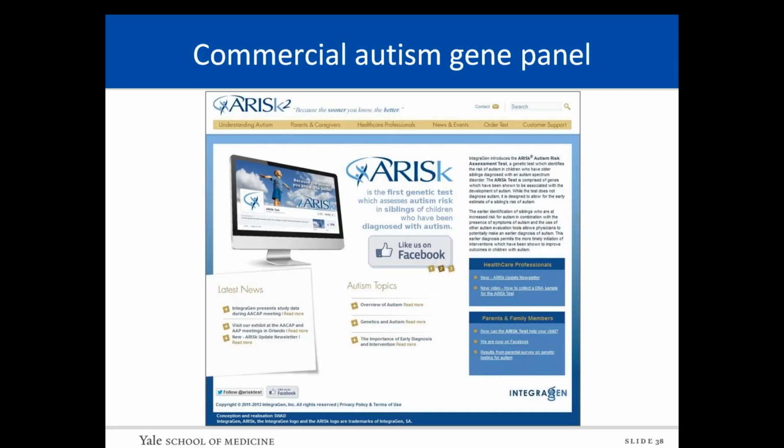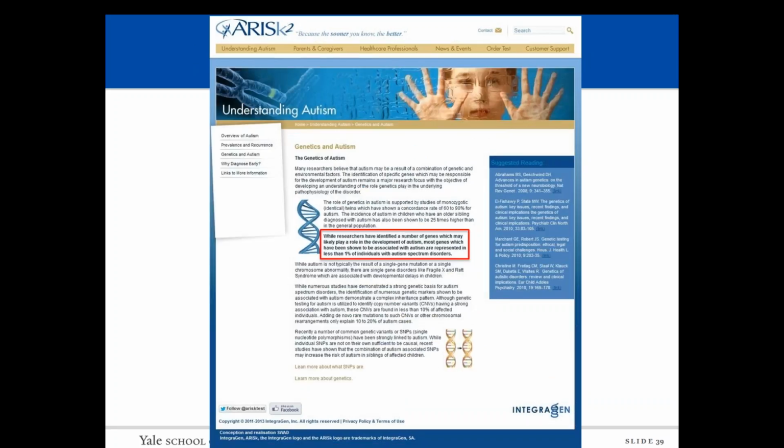But when I look at some of these gene lists included in these panels, almost all of these genes are rare causes of autism. If a gene has been associated with autism in the literature and it's been found only in 1 or 2 families, you can imagine that these gene panels are going to be on the low yield side.